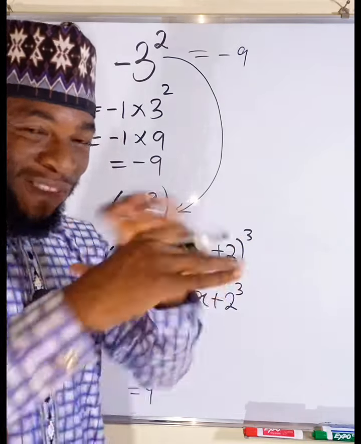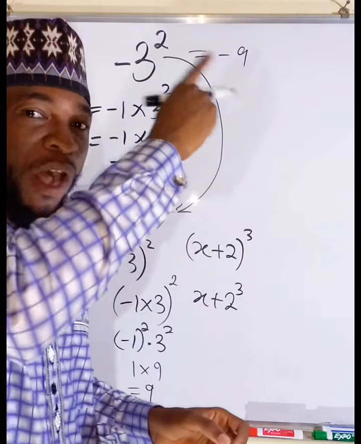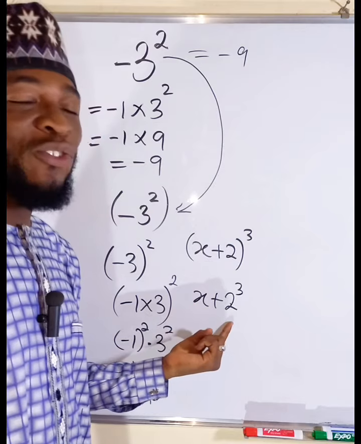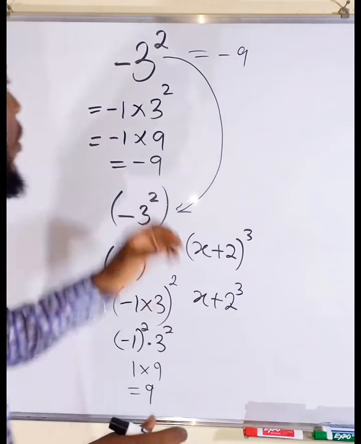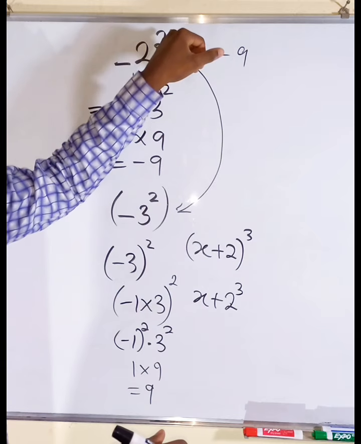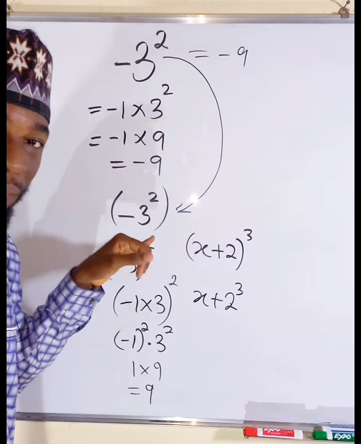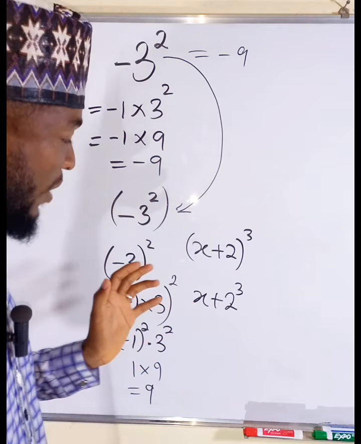Whole, everything to the power of 3. But this is x plus 2 to the power of 3. You see the difference? So this is minus 3 to the power of 2. But this is minus 3 whole to the power of 2. That is just the difference between them.